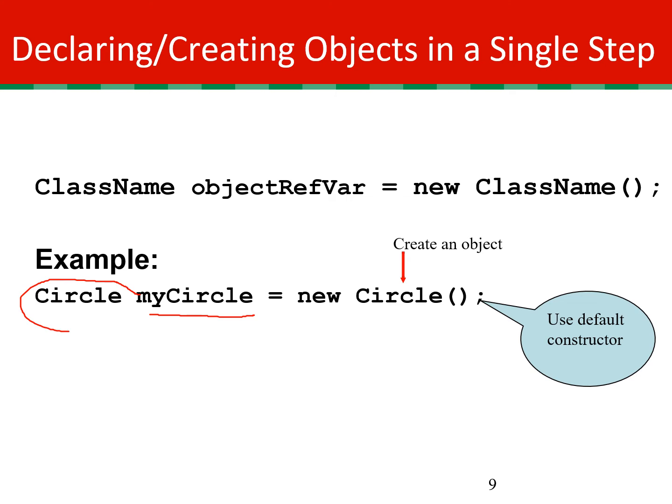Whatever is here should be the same as here, for the time being. Later when you learn about inheritance and so on, you will realize that this one can be different from this one. But for now, just to make you familiar with the concept of object, it should be the same.